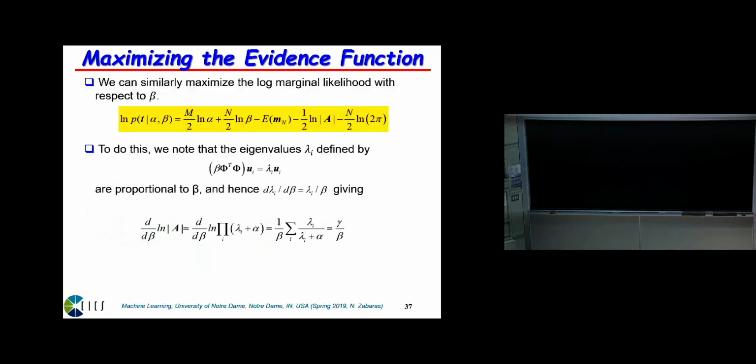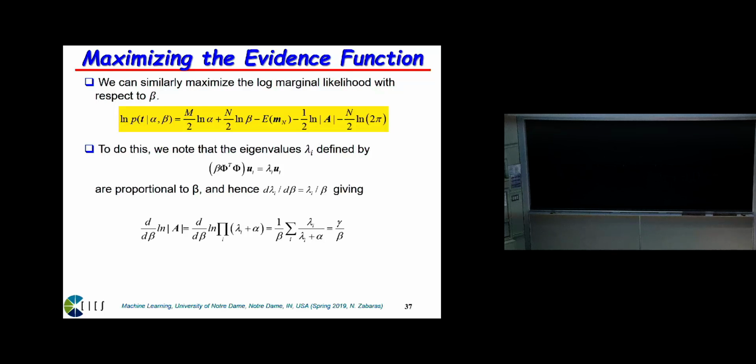The next thing we need to discuss, similarly to alpha, is derivatives with respect to beta. There's only one trick here. The log of the determinant is the log of the product of these lambda i plus alpha, which is really the summation of the logs of lambda i plus alpha.